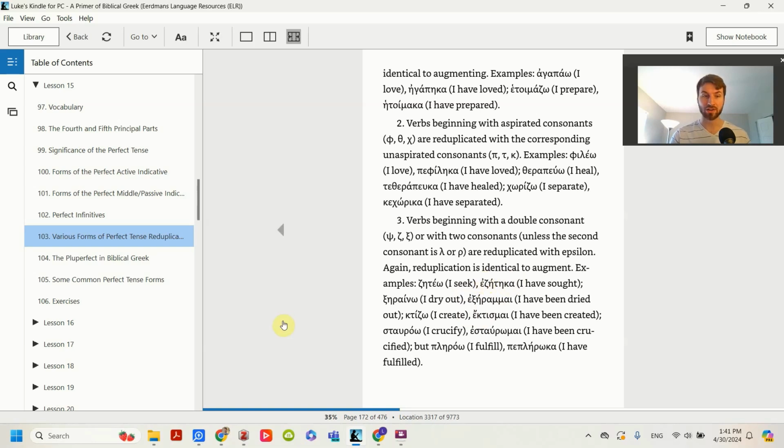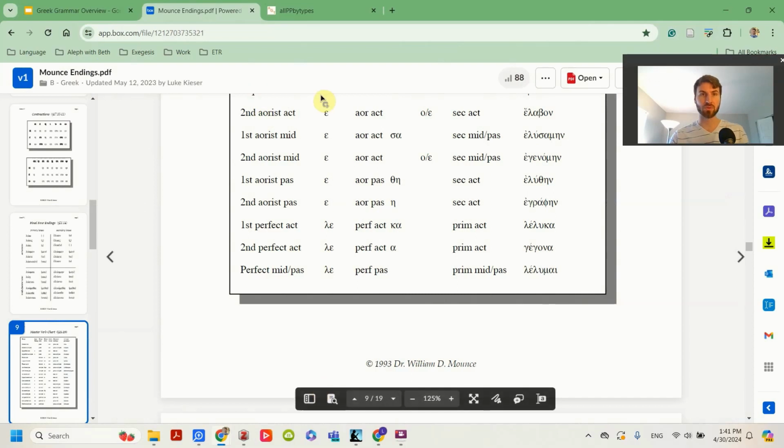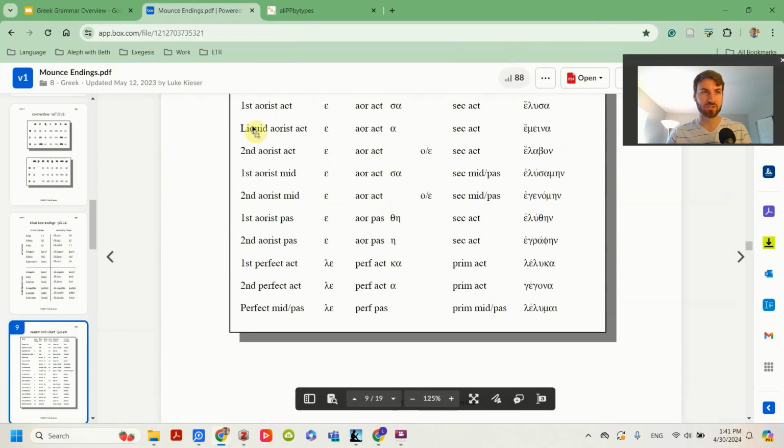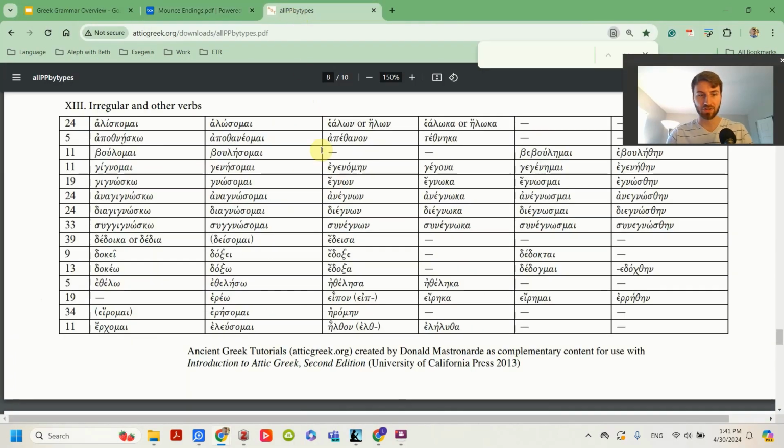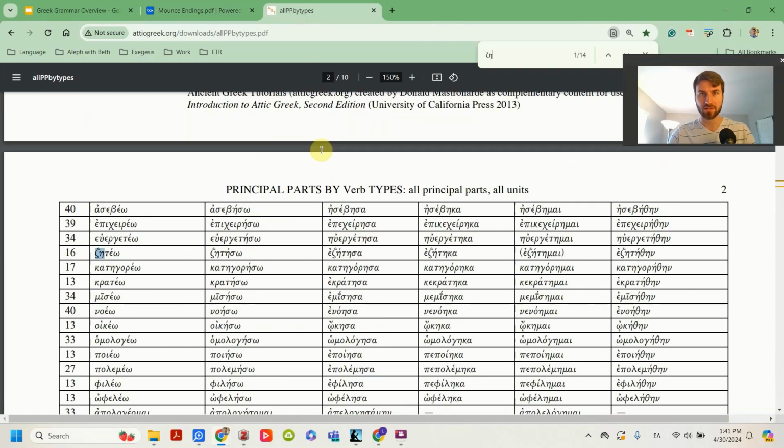This is where having your principal part chart is going to be helpful, because you can just look up zeteo right here, and you come over to the perfect, and there it is. You see ezeteka. And that will help you know, oh, okay, so the reduplication, I remember, it's just an epsilon with some of these letters.